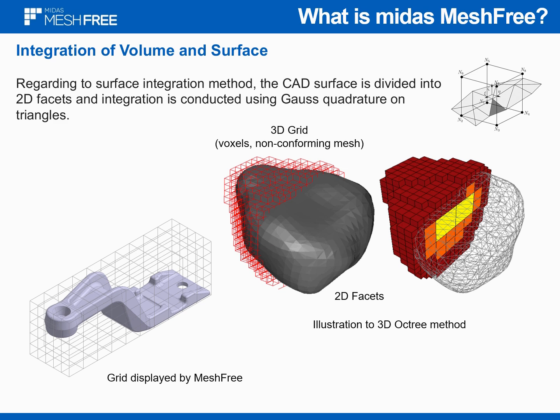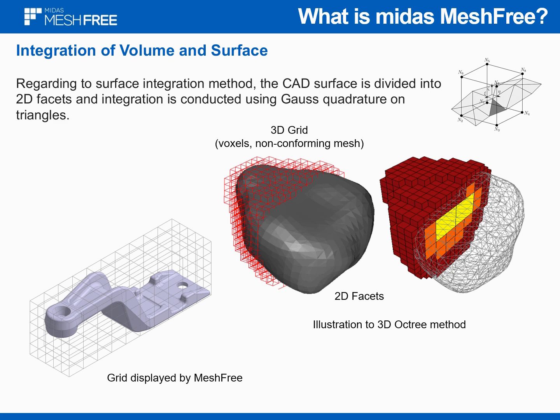You can refer to this picture. I am also presenting the octree method in 2D. You can see that the number of grid cells is lower at the center of the geometry. Close to the boundary, we can observe many more voxels.